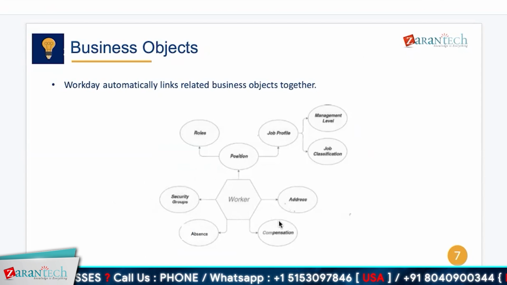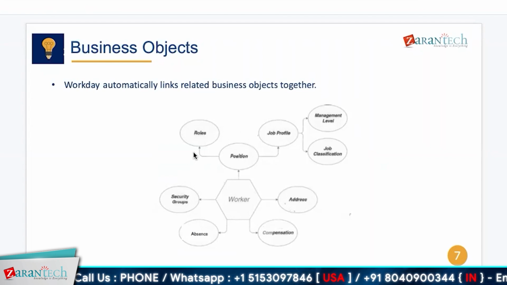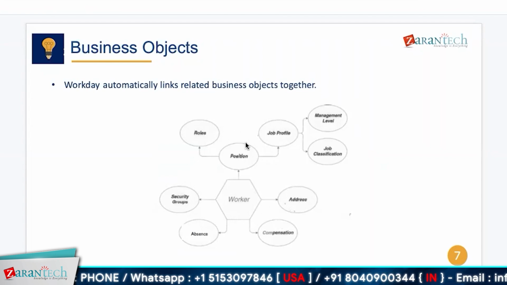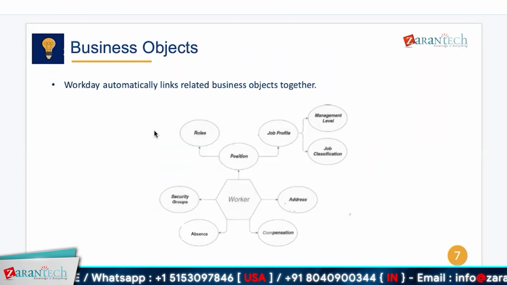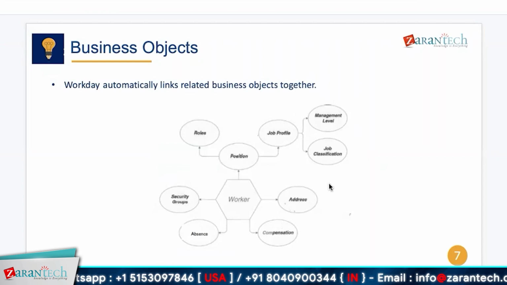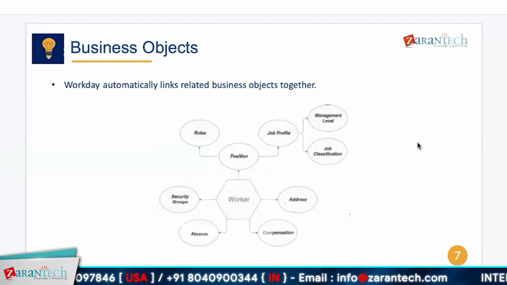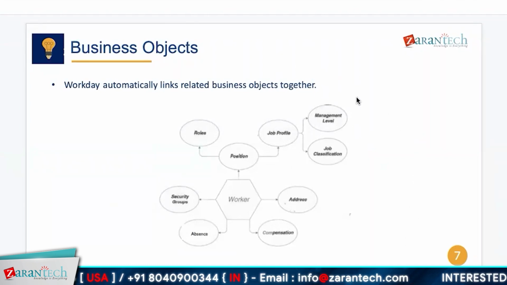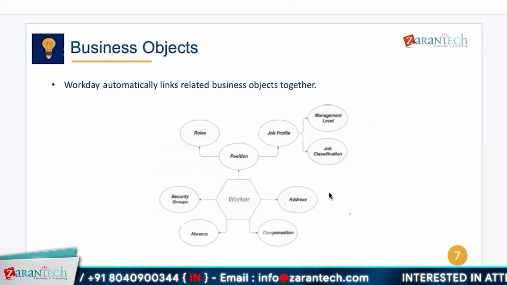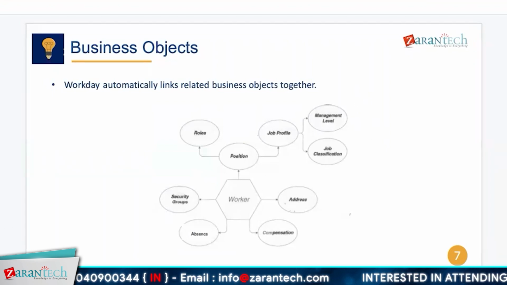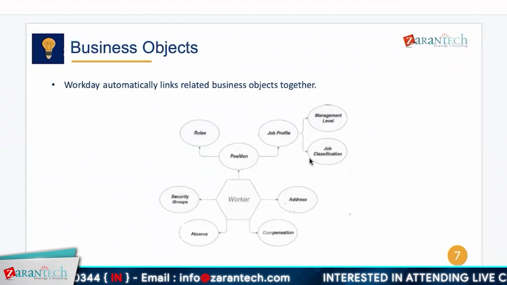There will be an address. I must have a certain position assigned in Workday. There must be some role, some job profile. There must be some management level, or if not a management level, maybe an individual contributor. And there must be a job classification as well.